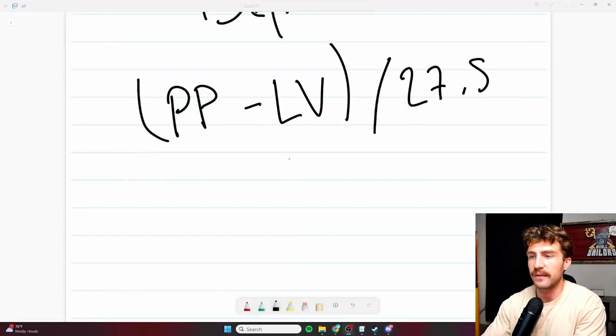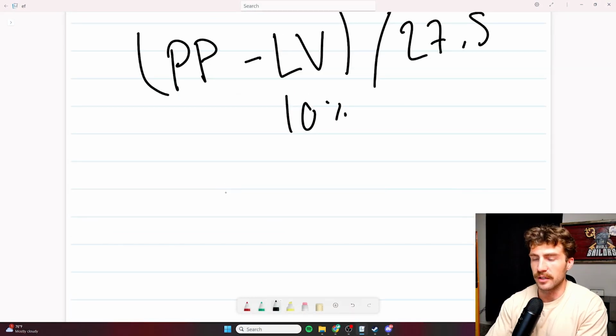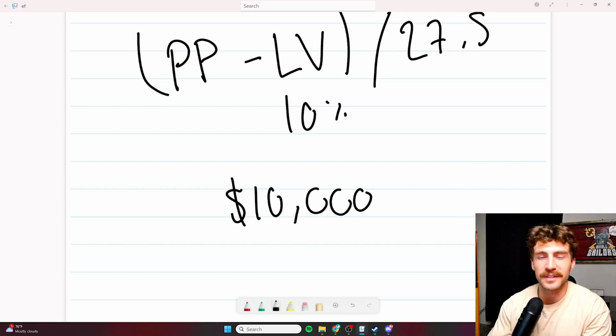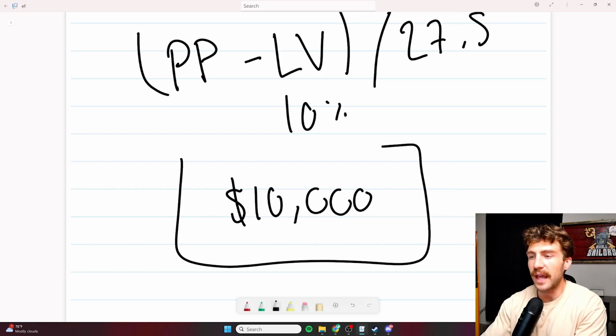Let's say that the land value is 10% of the purchase price. And I'm just going to quickly do this in my head. This time I'm not pulling out my phone. It's around $10,000 a year in depreciation. We can depreciate our taxes by $10,000 for the next 27.5 years. So sure, I'm losing $600 a year, but I can lower my tax basis by $10,000.